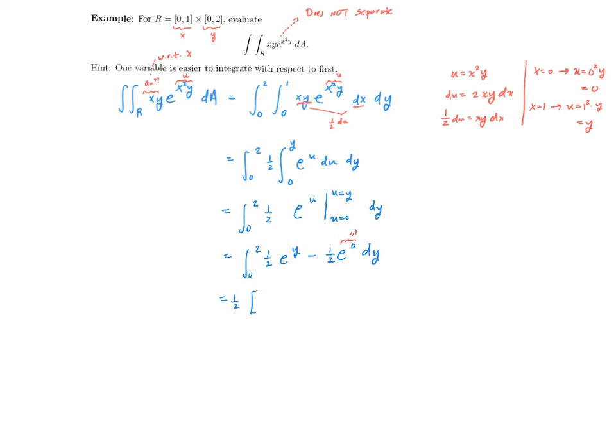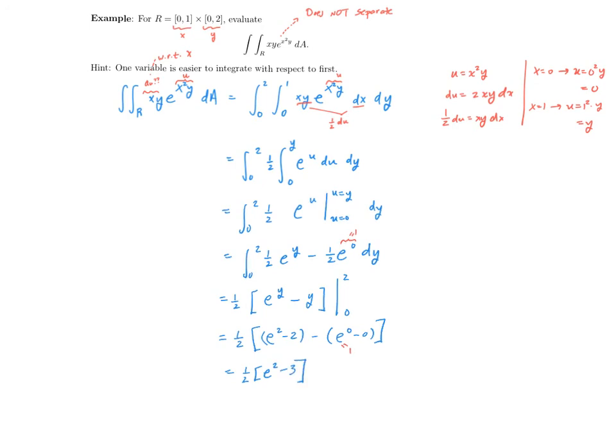The antiderivative of e to the y is e to the y. The antiderivative of 1 is y. And this is from 0 to 2. So we replace each y with a 2, so e squared minus 2. Minus sign, we replace each y with a 0. And note, e to the 0 once again is 1. So what we end up with is the 1/2 hanging around out front, e squared minus 2 minus 1, which completes the example.